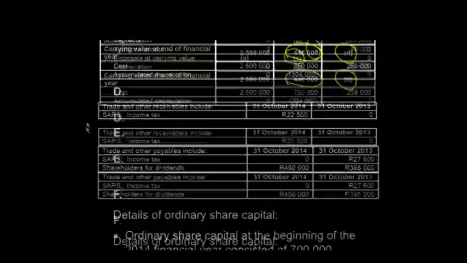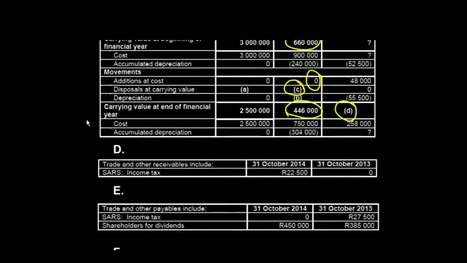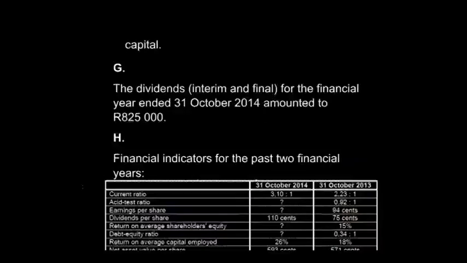So if we're looking at the information on hand, our cost price at the end of the year is 258,000. Okay, so if that is my cost price, 258,000 at the end of the year, right? What do I know? Let's look at the information. What information do I elicit from here?